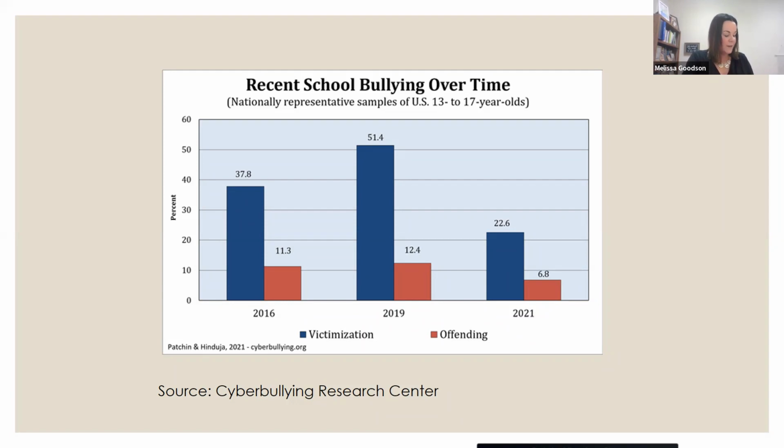So this is noteworthy in the research. The first time in any of the studies that more students said they were bullied online than at school, which obviously makes some sense, right?